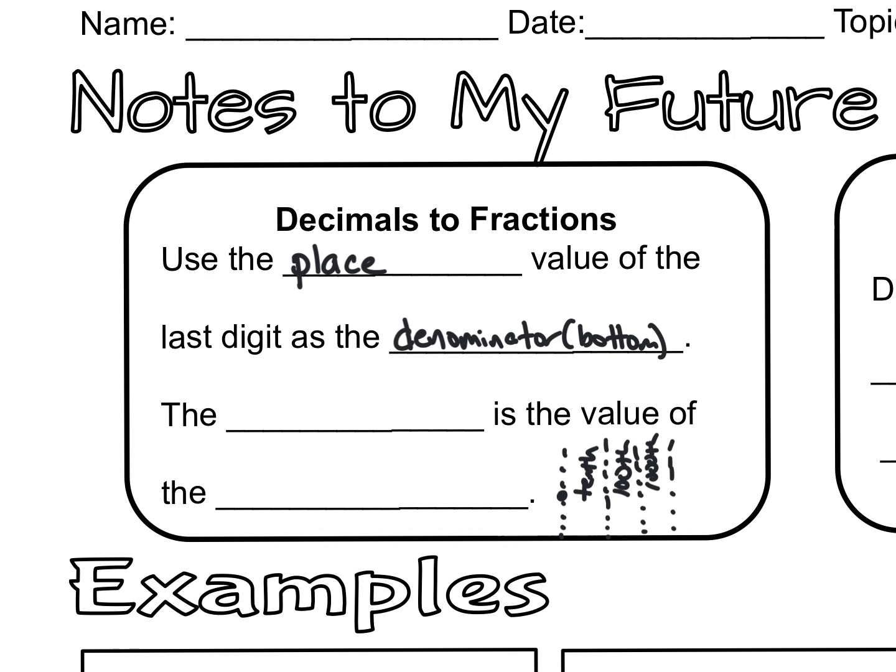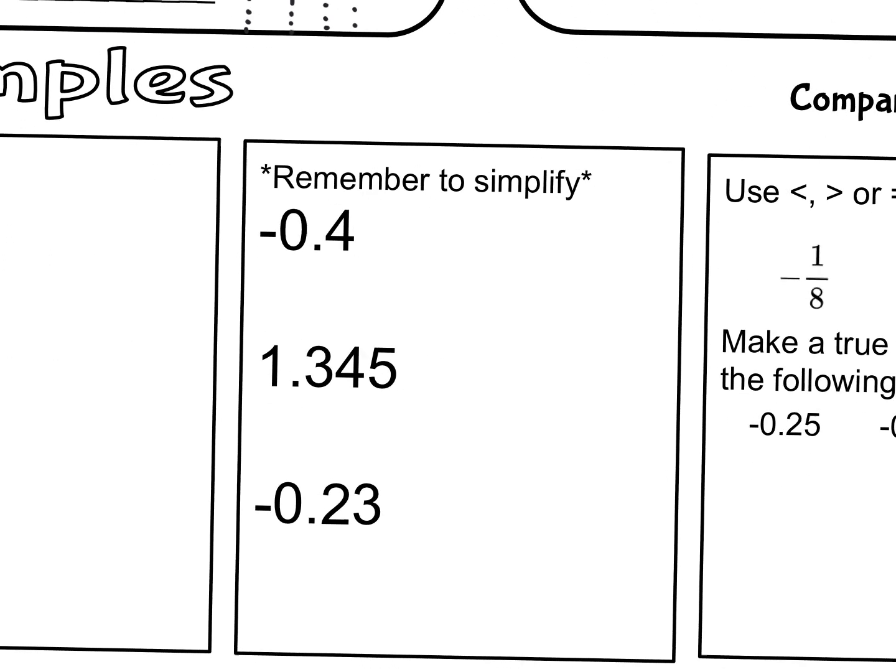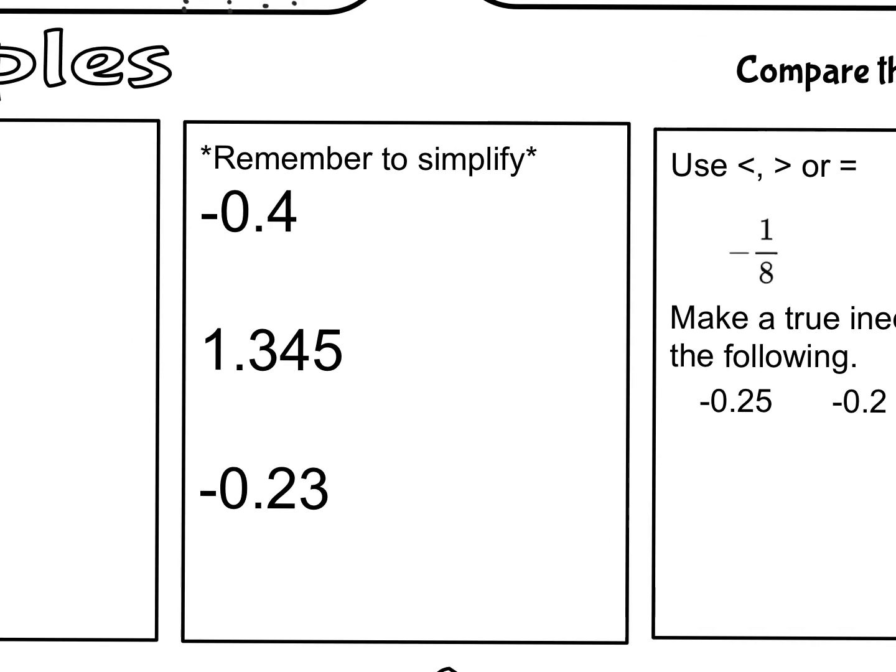And then our numerator, or the top of our fraction, is the value of the decimal. So looking at some examples of what we mean by that, in positive or negative, they just maintain their value.